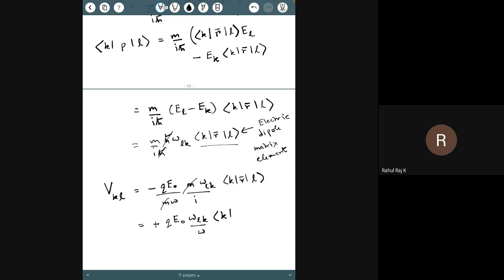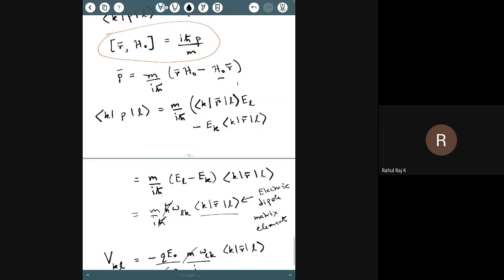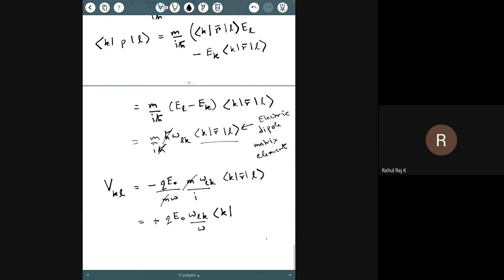Then you have K. We also had an R. Yeah, so this one dot R. Okay, that looks fine.